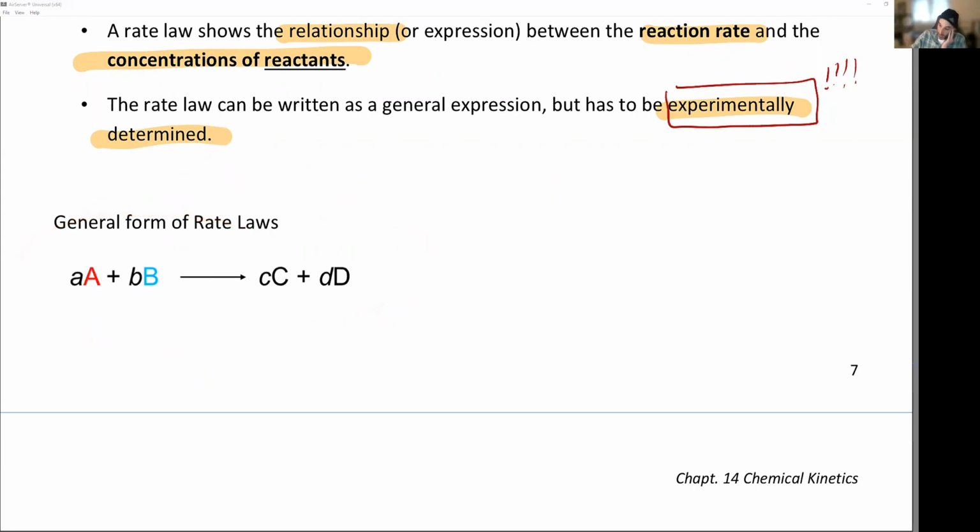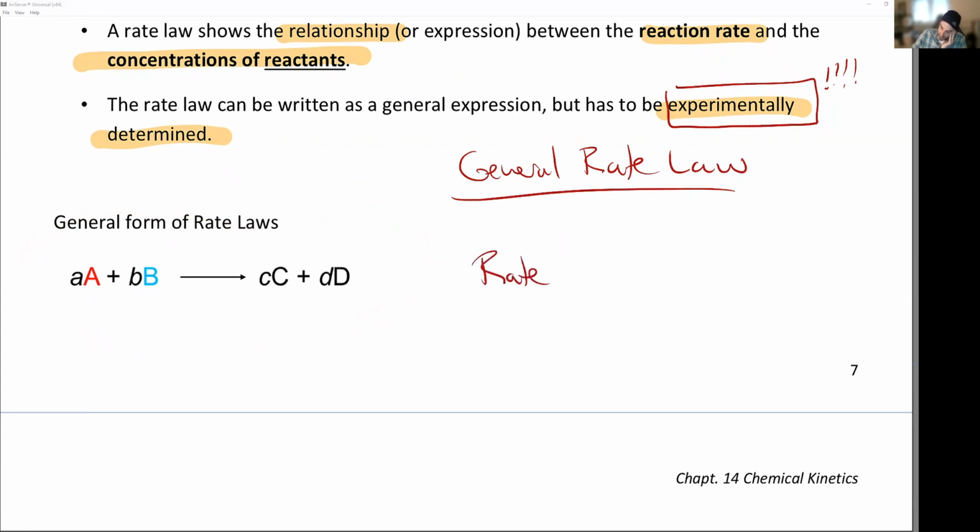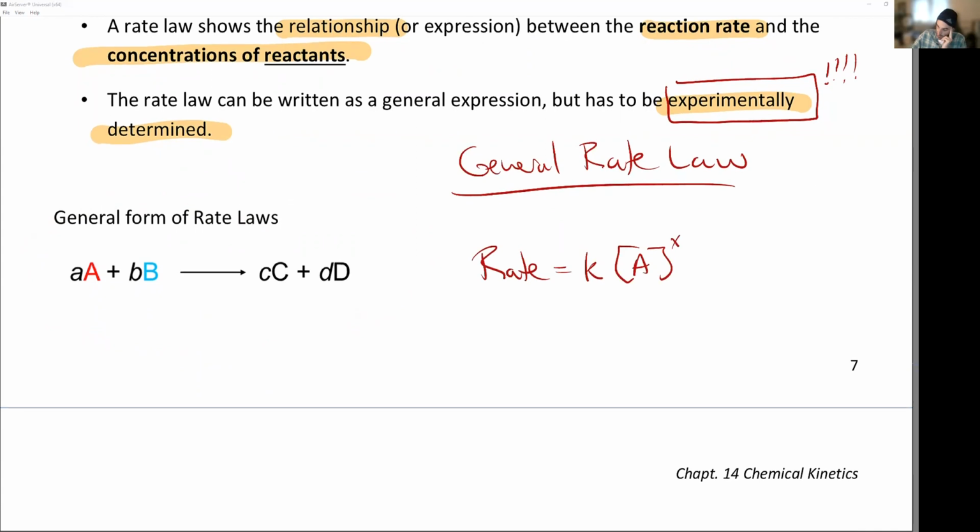I can write a generalized rate law. The general rate law for this equation is rate is equal to the rate constant k, lowercase k, times the concentration of A raised to some value, and we're going to talk about those in a bit, times the concentration of B raised to some value.